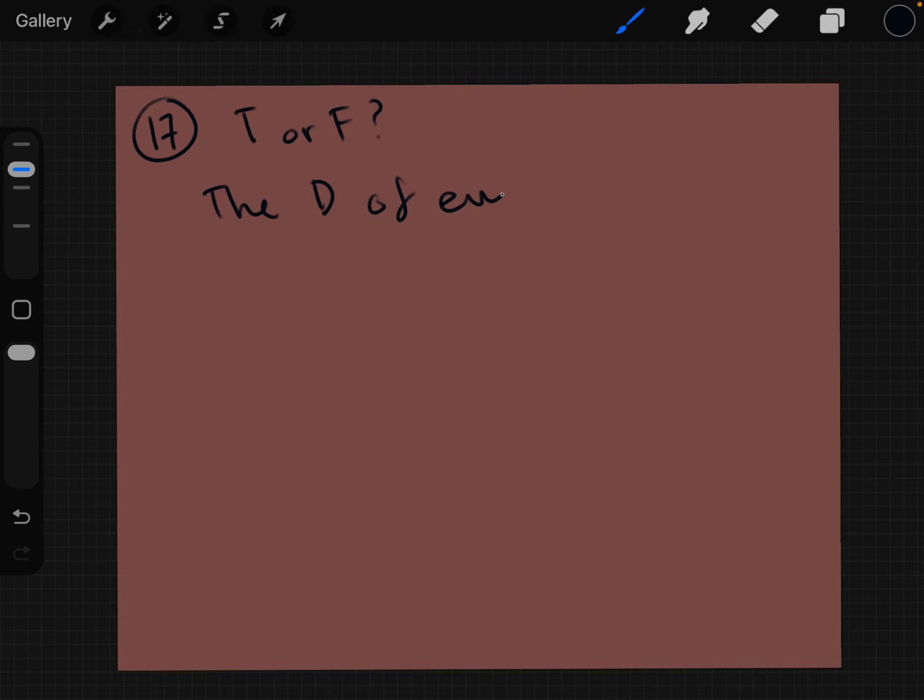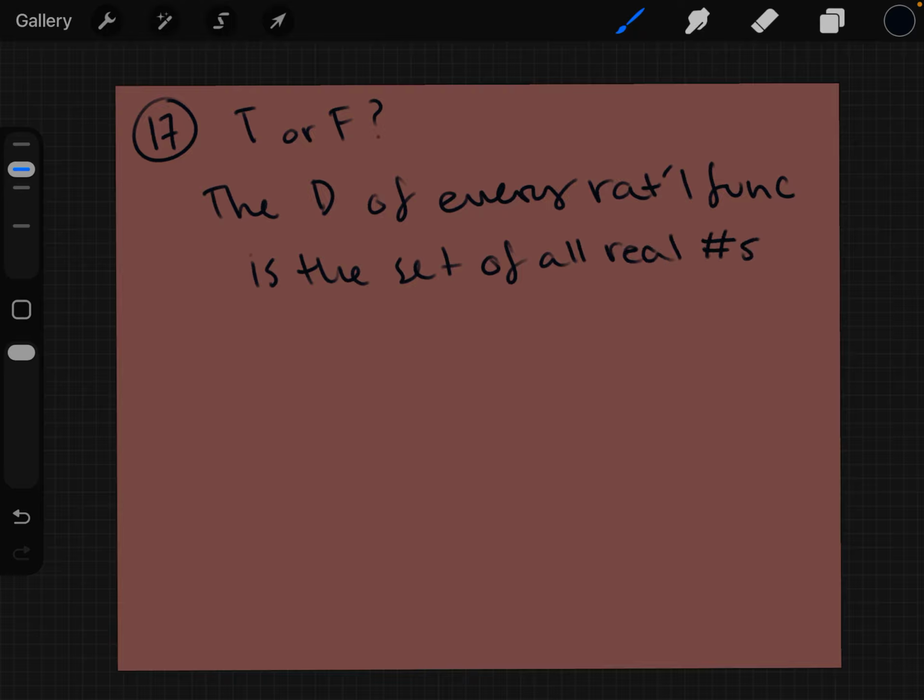Domain of every rational function is the set of all real numbers. No. Nope.